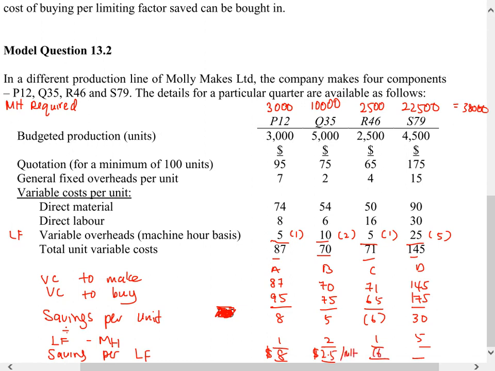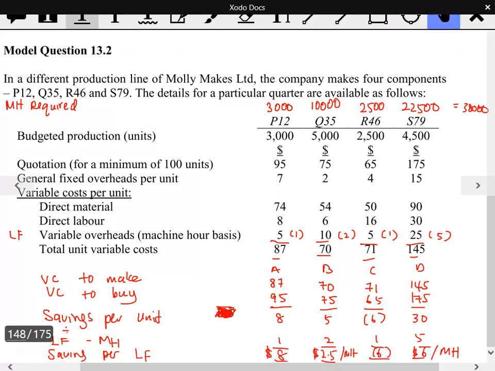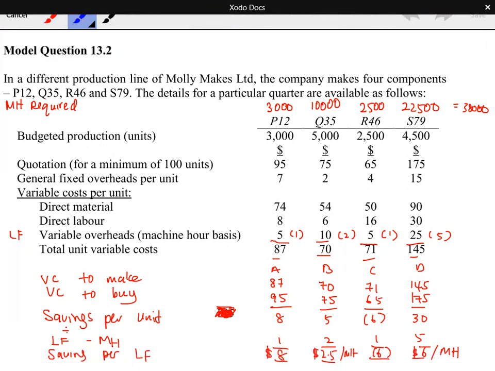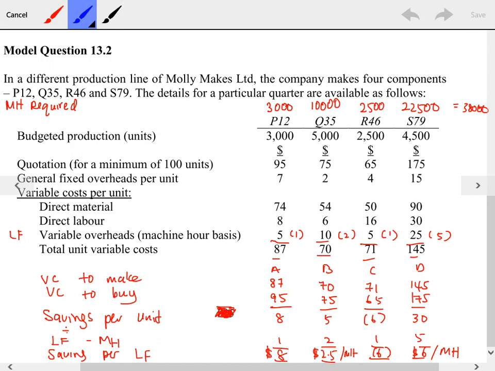This one negative 6. This one 6 per machine hour. So the ranking will be 1, 3, 4, 2. One, 2, 3, 4.